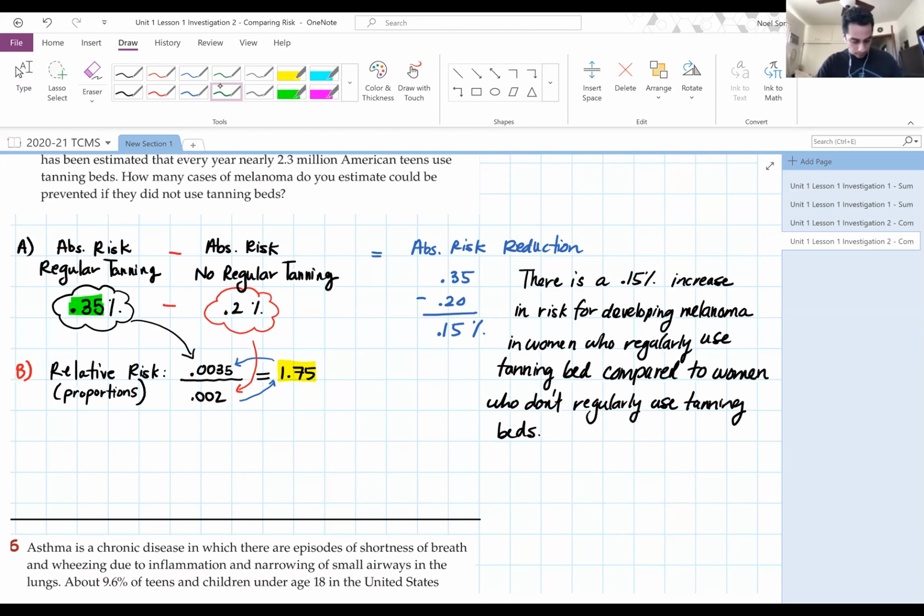Remember that the 0.002 represents the absolute risk of women developing melanoma who don't regularly use tanning beds, and the 0.0035 represents the risk of women developing melanoma after regularly tanning. Right. So what does the 1.75 represent?